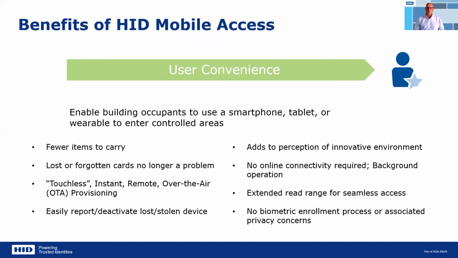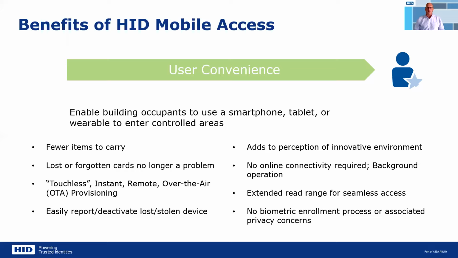But mobile access brings more convenience to the users compared to the standard access control system. So they can open the door using their smartphones instead of wearing cards, so they have fewer items to carry. Lost or forgotten cards are no longer a problem, because you definitely leave your home rather with your smartphone than with your access control card.